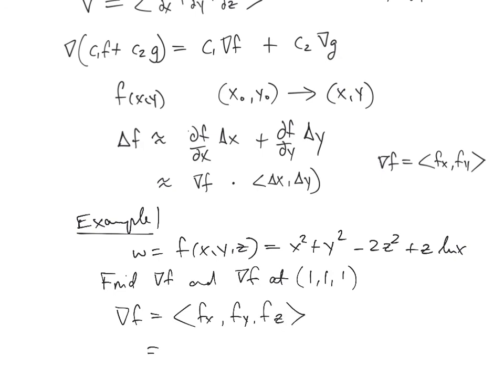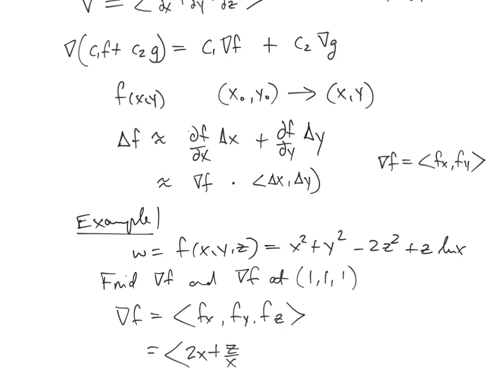Okay, well, the gradient of f is just going to be equal to these three partial derivatives put into a vector. So we take the partial derivative of the function with respect to x. That is going to be 2x plus z over x. Right? Partial derivative of this here with respect to x is 2x. This is a constant, this is a constant, this is a constant times ln of x. Derivative of ln of x is 1 over x times z.